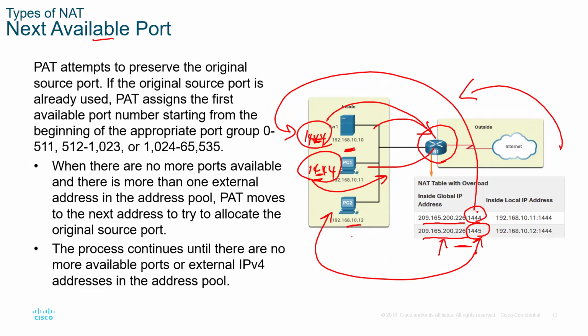So it means we are going to change this to this, and this will also need to be changed to this one. Like I said, that's what we call dual translation. It's not only translation of the IP address, it's translation of the IP address and the source port as well.